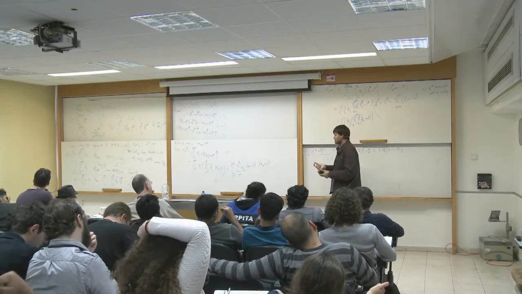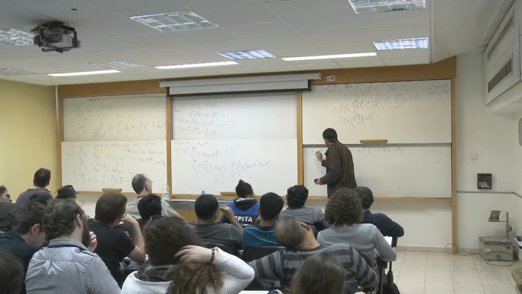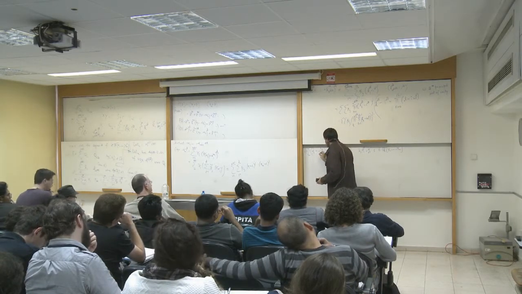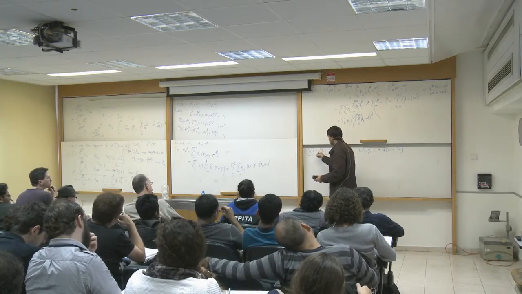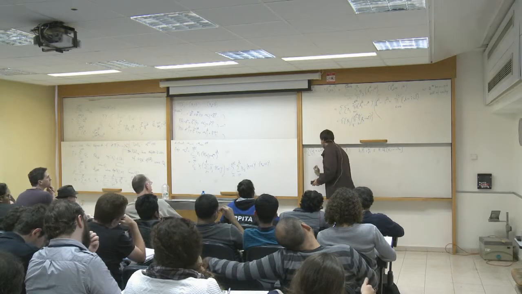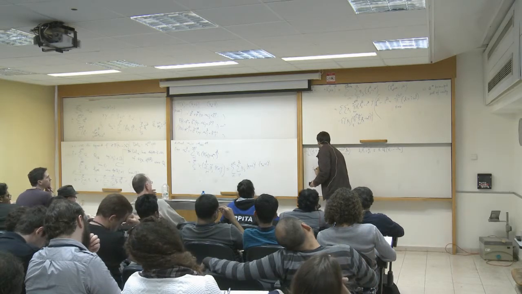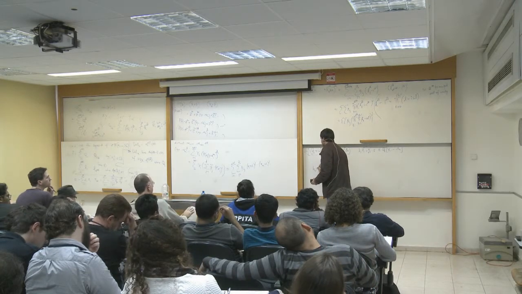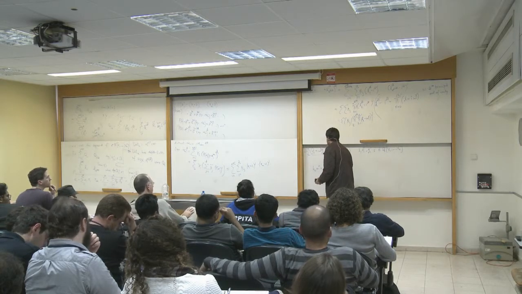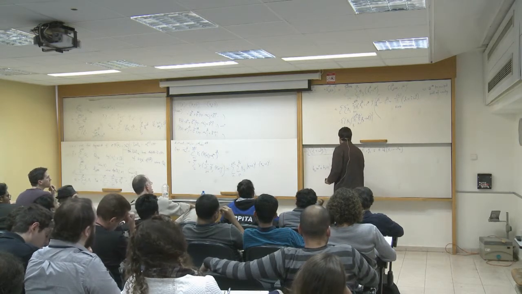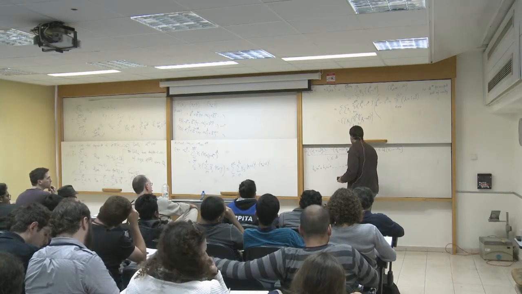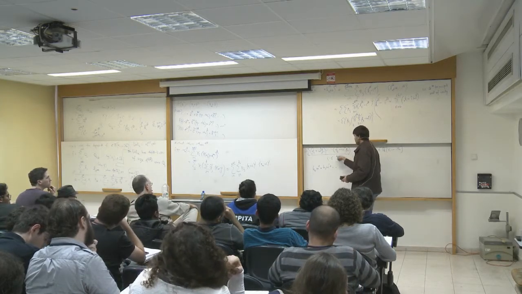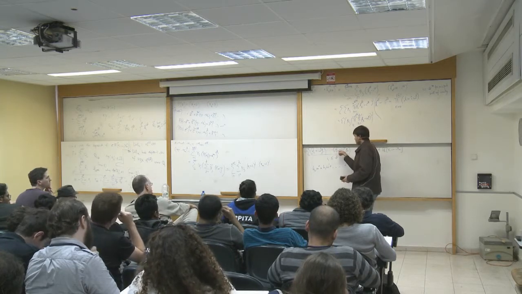If this is a variable, you can always write this polynomial by grouping the coefficients according to the monomial of this variable. So you can write this as h0 omega to the 0 plus h1 omega to the 1, and so on up to h_kd, because each i is at most d and there are only k such products.